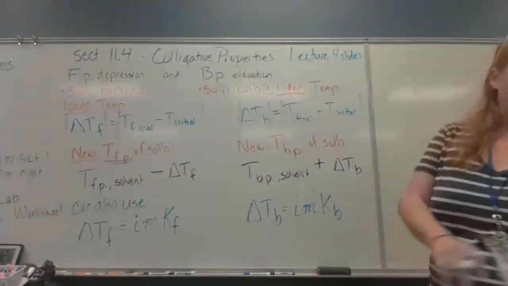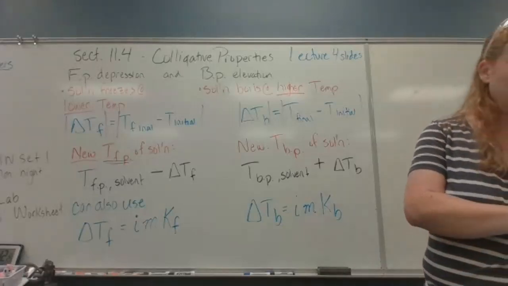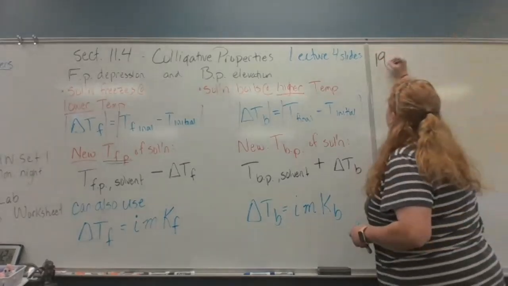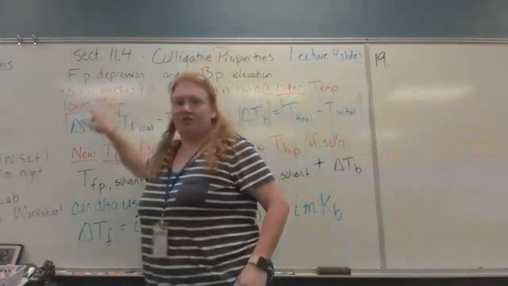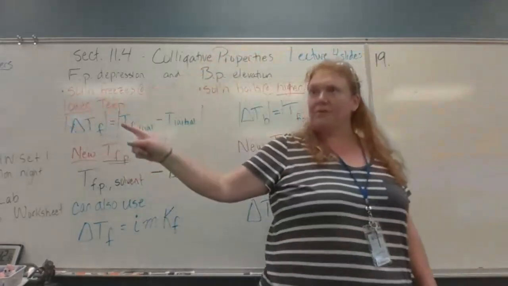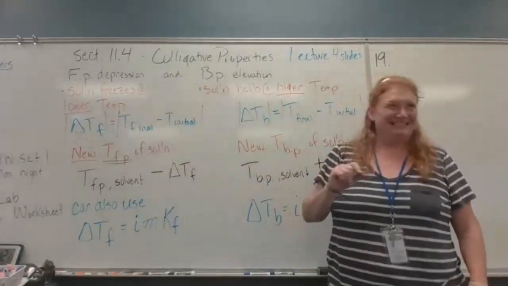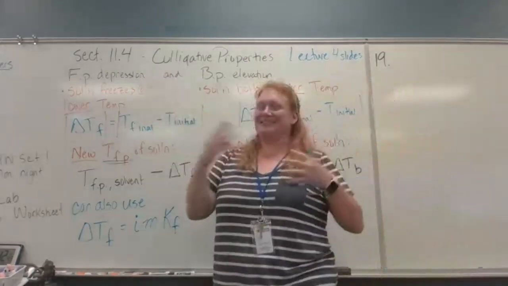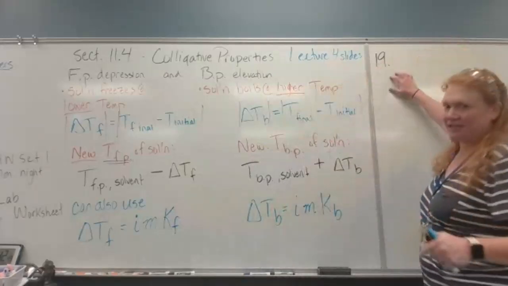Let's try one. Let's look at number 19 on our in-class examples. Freezing point depression is what our lab is today. Our lab experiment is also tomorrow when we make the ice cream ourselves. We're still going to be investigating freezing point depression, so I really want to focus here in class.